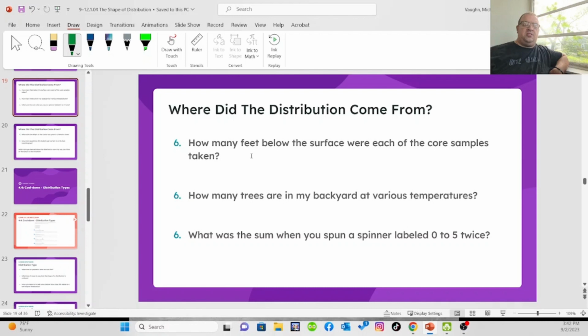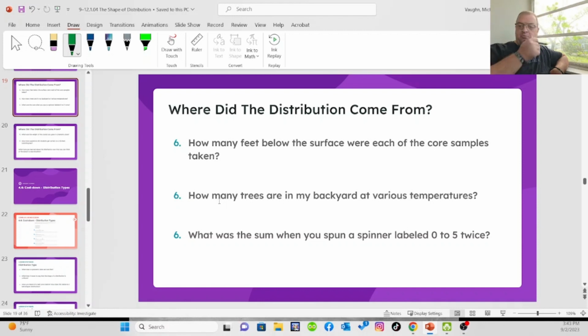Question 6. How many feet below the surface were each of the core samples taken? Which matching pair do you think represents this question? Question 7. How many trees are in my backyard at various temperatures?